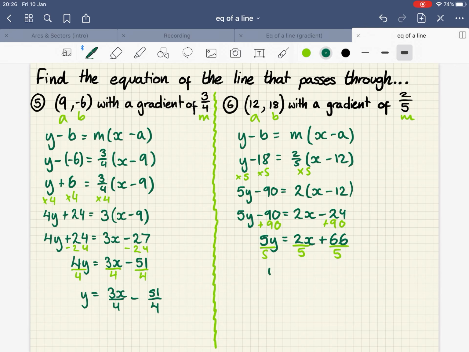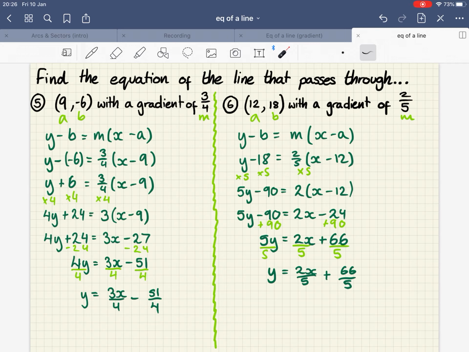So that will be y equals 2x over 5 plus 66 over 5. And obviously be careful, if you can simplify that, make sure you do. It just turned out with these two examples, that wasn't the case.